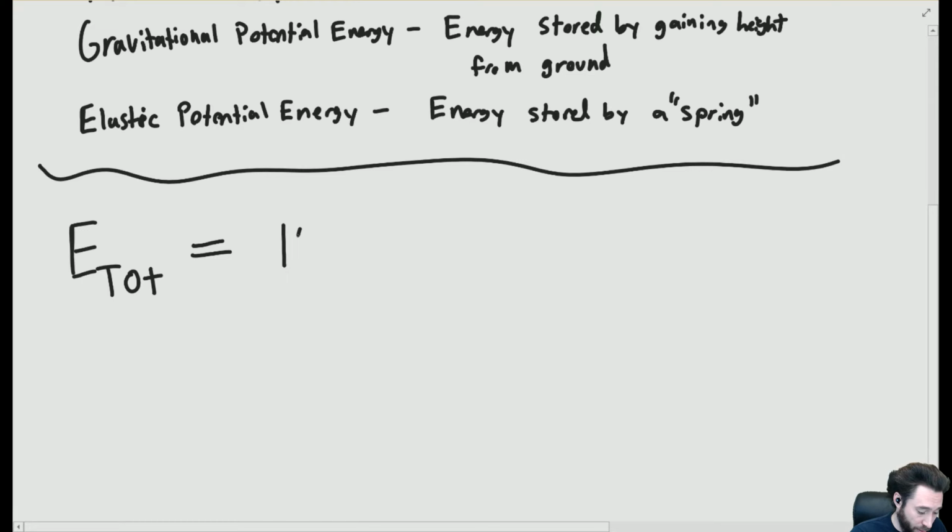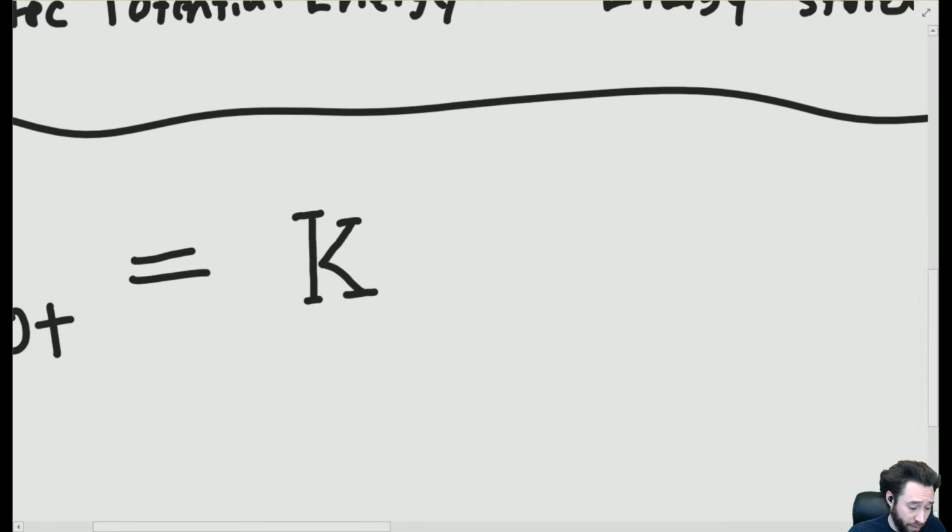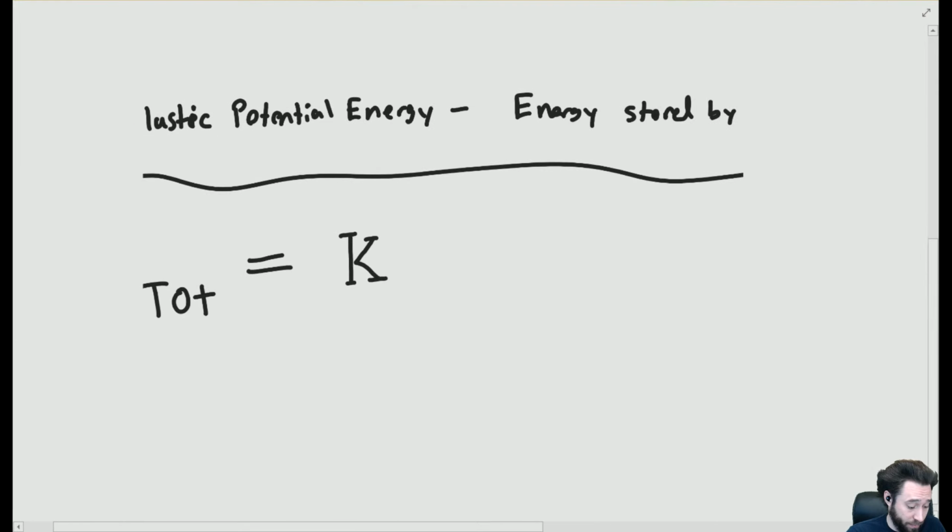What I try to do to represent the energies, I usually do on the whiteboard. So it's a little bit messy here. I do a capital K with little lines on the legs of it to represent kinetic energy.